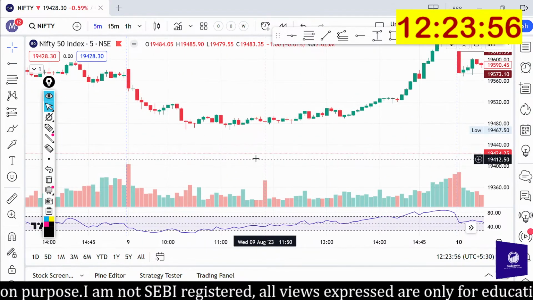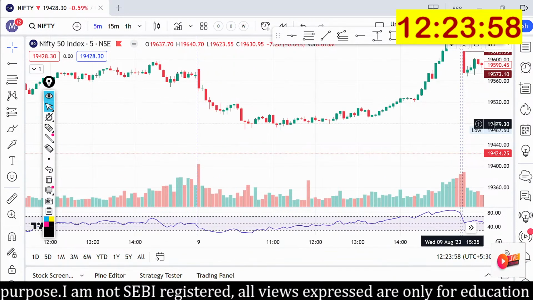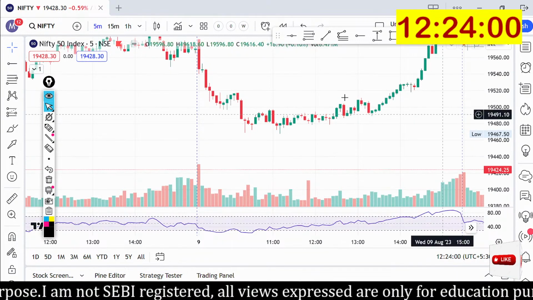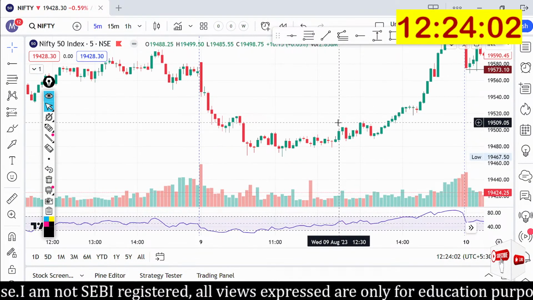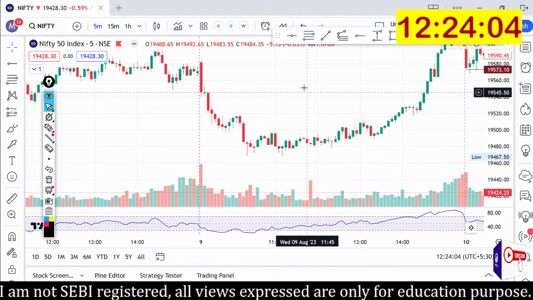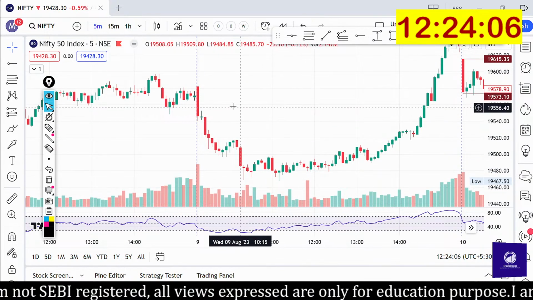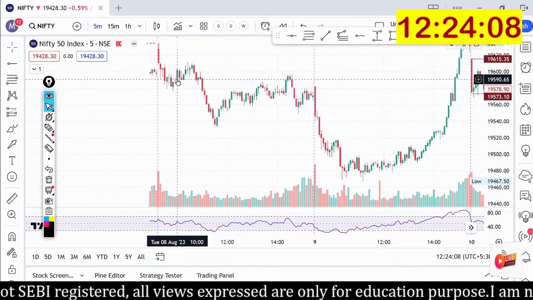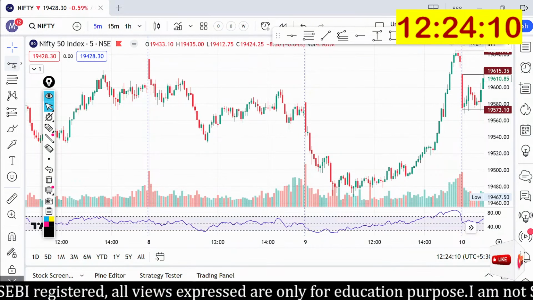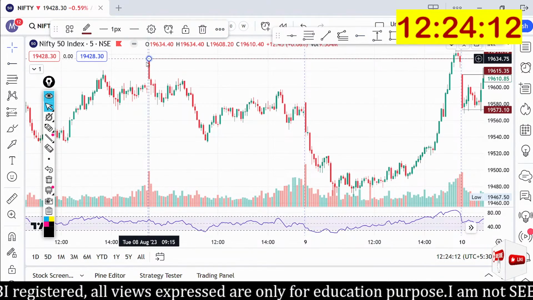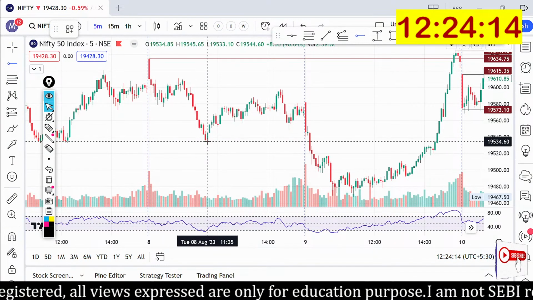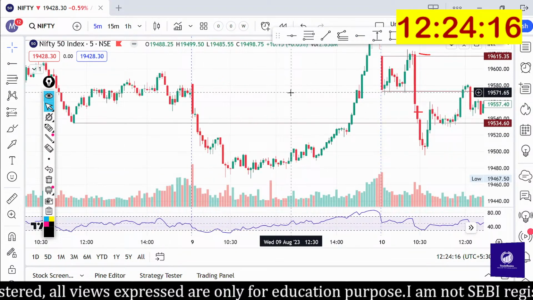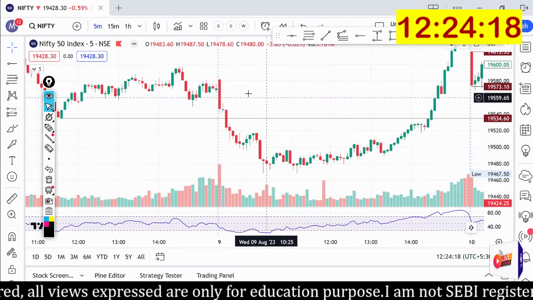Now let's look at an earlier day. This was quite an eventful day. So what happened on this day? Market opens inside the range again.